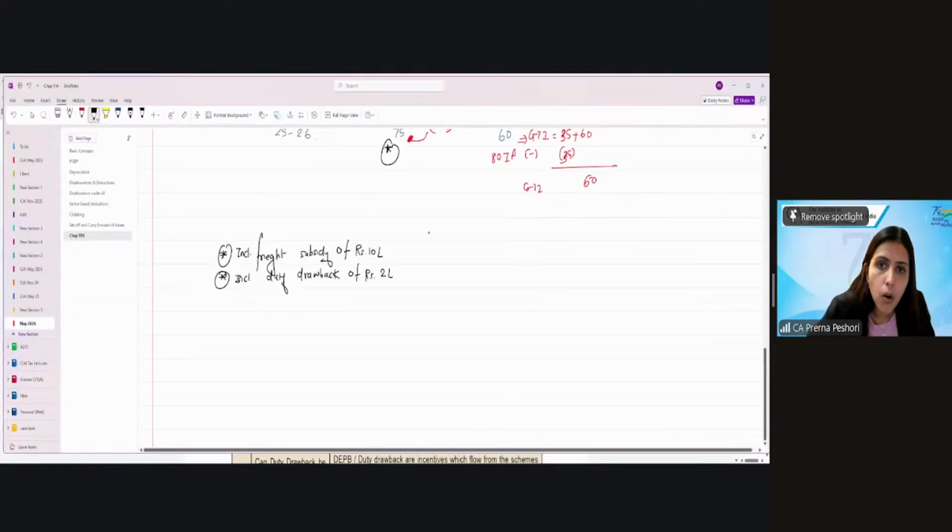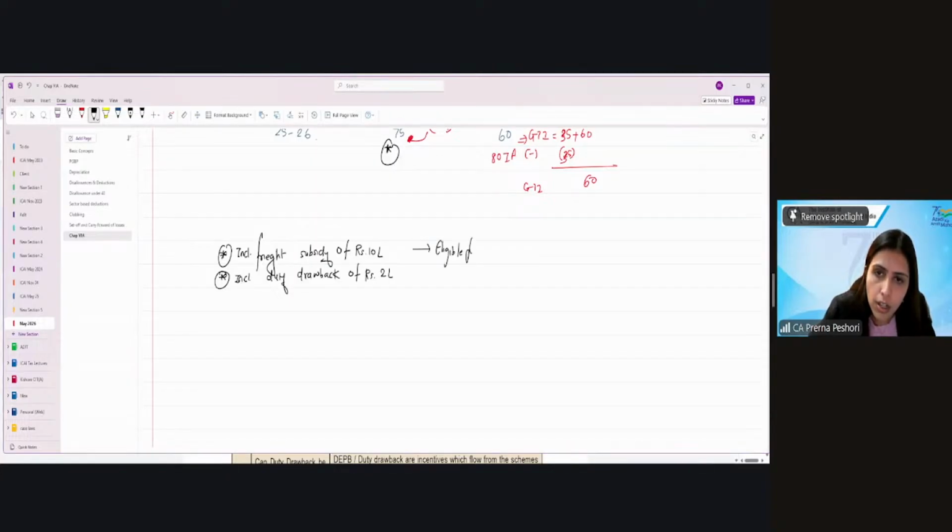So this will also be eligible for deduction under ATIA as per Meghalaya Steel, Supreme Court, as directly linked to the eligible business.